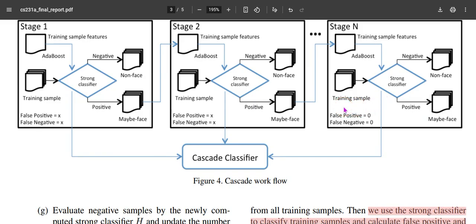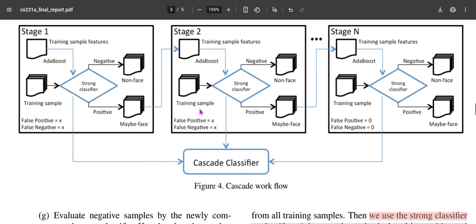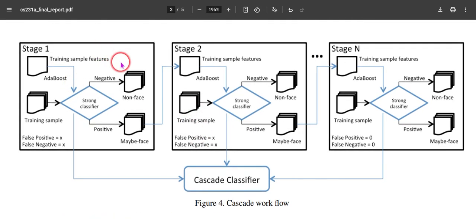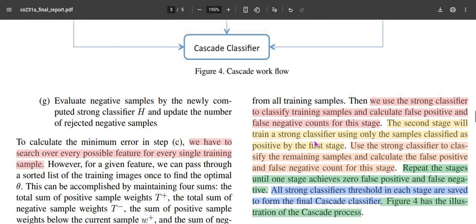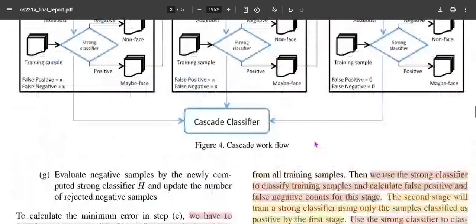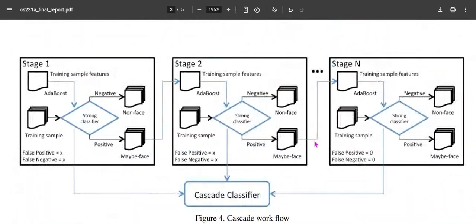Another important thing is that during training, only the samples which have passed through the earlier stages are taken for training the later stages, so the difficulty increases as the stages increase. These are the main important contributions of the Viola-Jones work, a hierarchical, iterative way of learning, somewhat like deep learning.